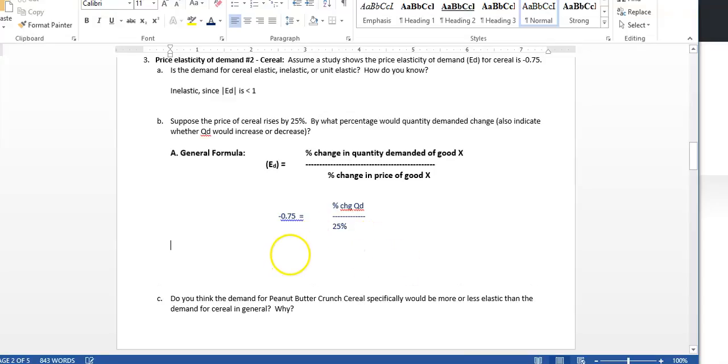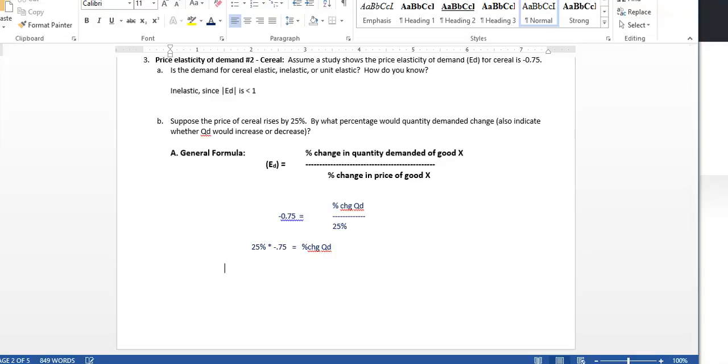We can do that by multiplying both sides by the 25%. All we're left with on this side is the percent change in QD. The 25% over here times 25% over here cancels out.